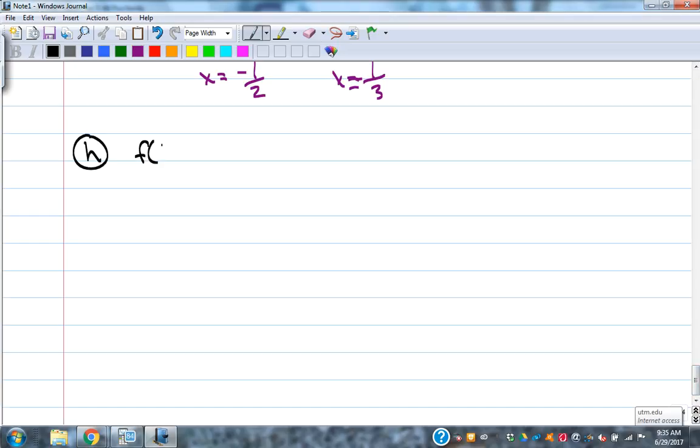Let's say we had f of x is equal to x cubed plus 4x squared minus 5. X equals 1 is a 0.